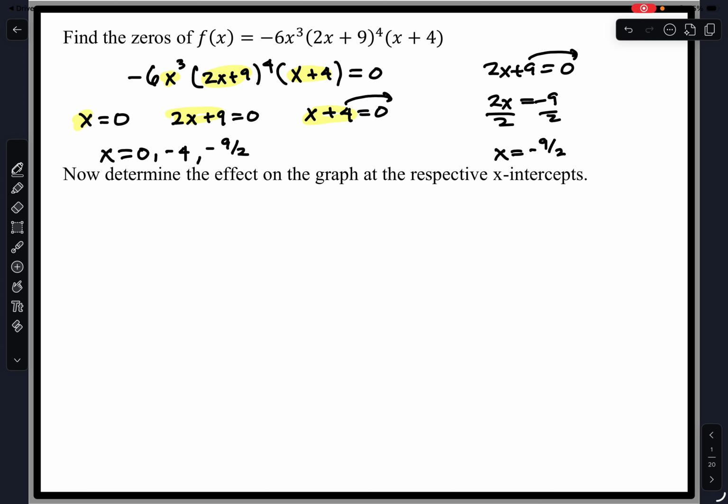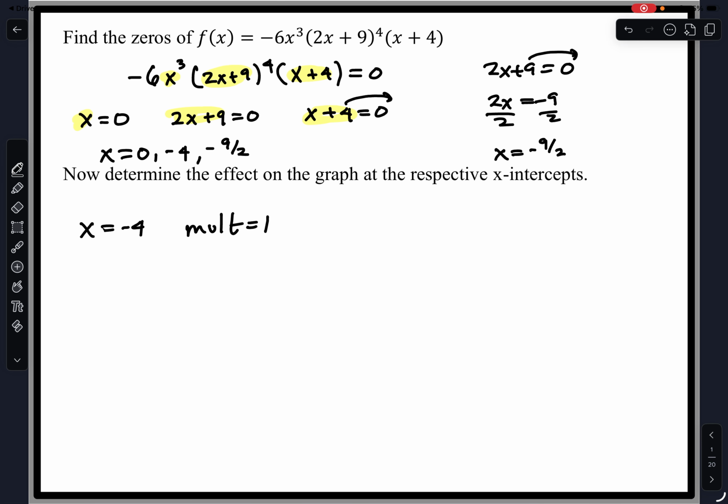So let's determine again the effects on the graph at those respective places. We'll start from left to right, beginning with negative 4. So x equals negative 4. We're going to see that that has a multiplicity of 1.